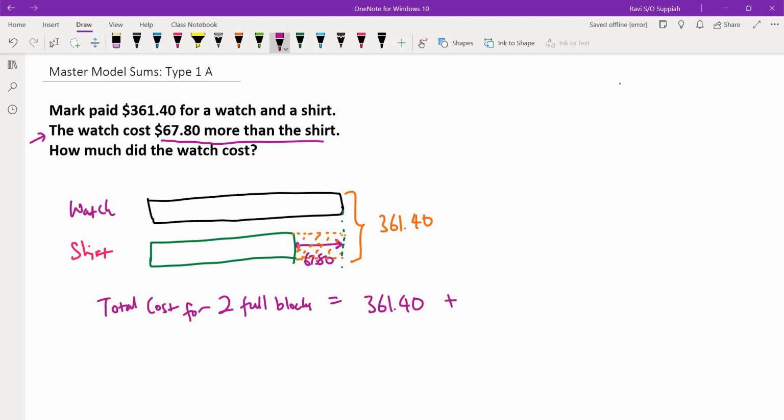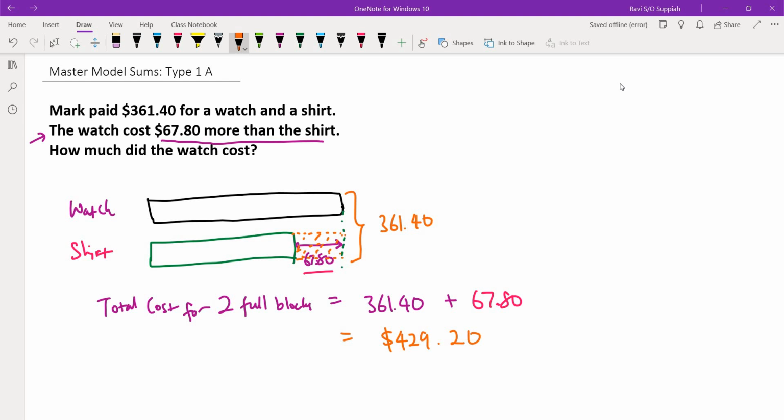The difference between both the watch and the shirt is 67.80. So plus 67.80, and that will give me a sum of $429.20.